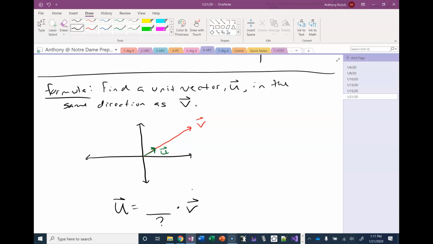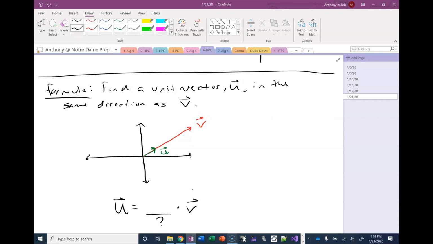So let's think about this as just a thought experiment. Let's say vector v has magnitude of 5. What would I have to multiply vector v by so that it would be a unit vector? You said it was 5, right? Yep, 1/5.